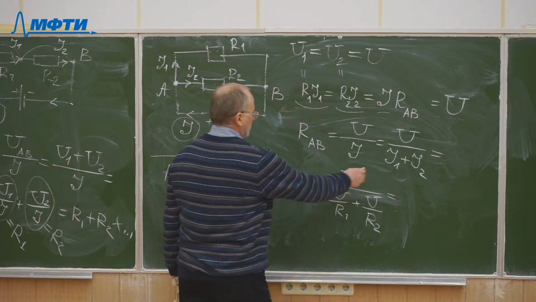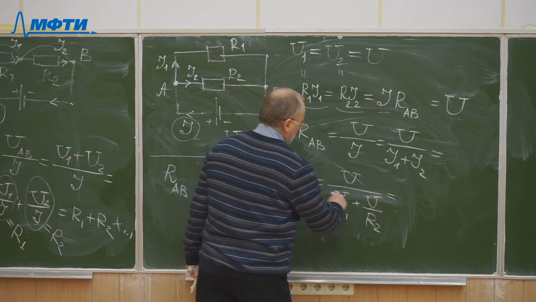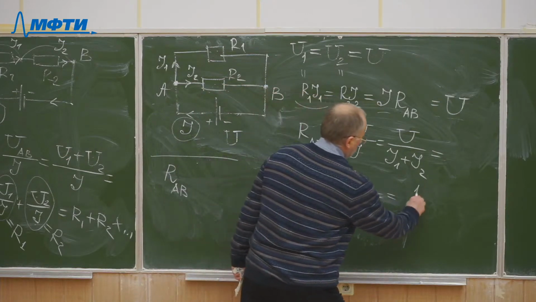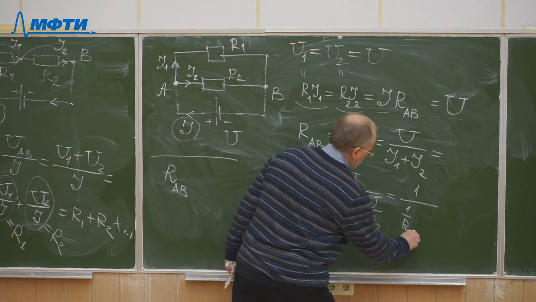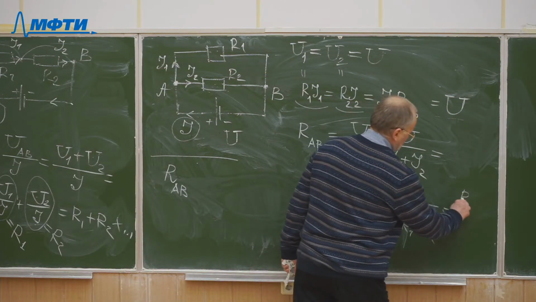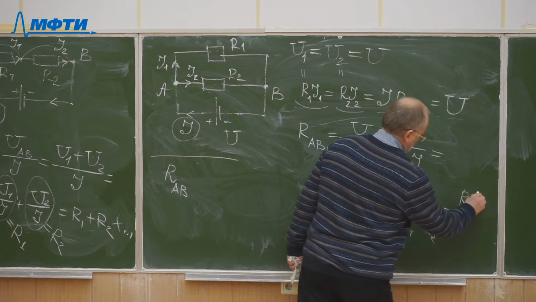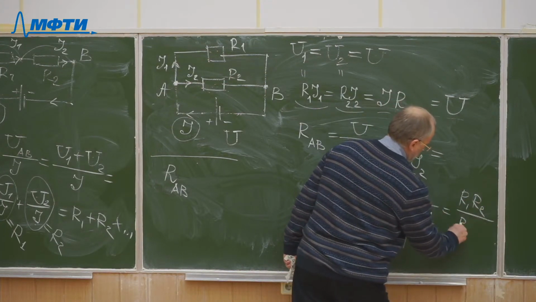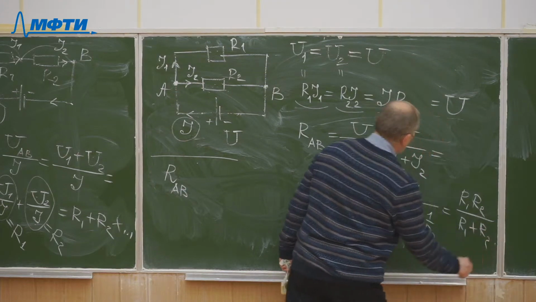And here we may cancel U and obtain the formula 1 over R1 plus 1 over R2, and that will give us R1 times R2 divided by R1 plus R2.